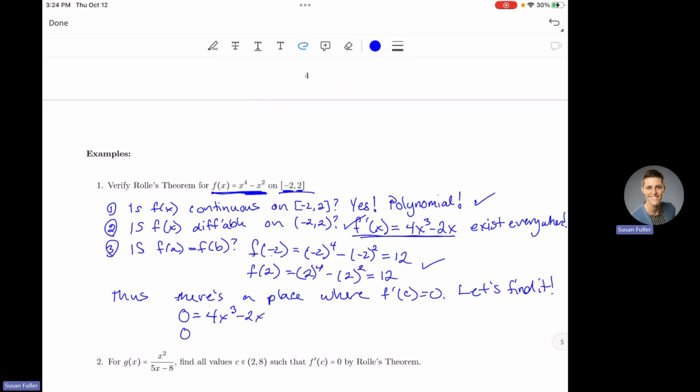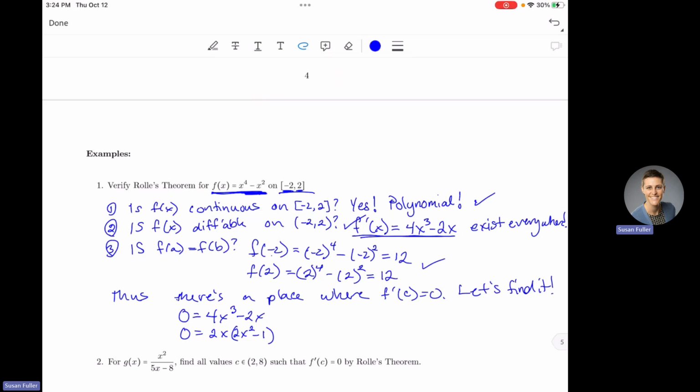And I'm going to solve this out again with factoring. I'm going to take a 2x. I've got x squared minus 1. Oh, there's a 2 here. Sorry. 2x squared minus 1. That's more accurate.